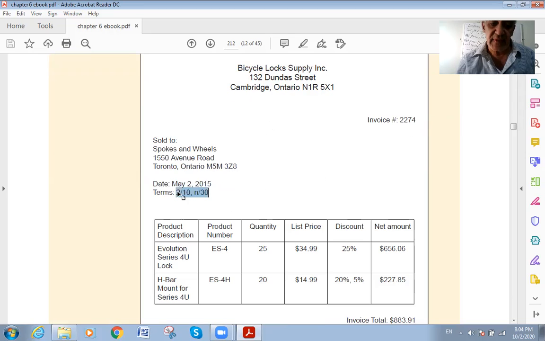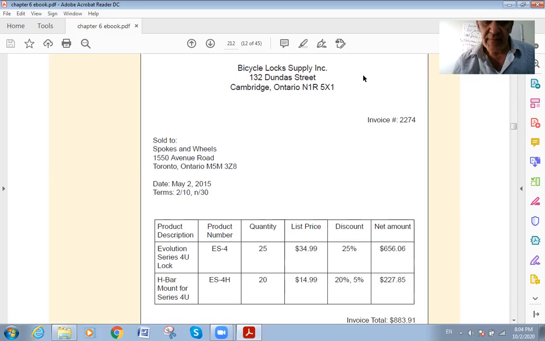Look at this: 2 by 10 and n by 30. 2 by 10 means that you will have a discount of 2% if you pay within 10 days. Again, a discount of 2% if you pay within 10 days.